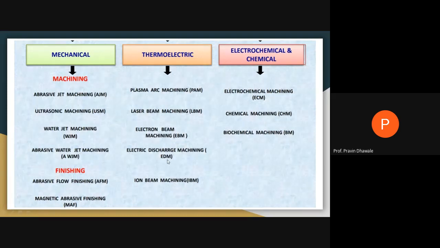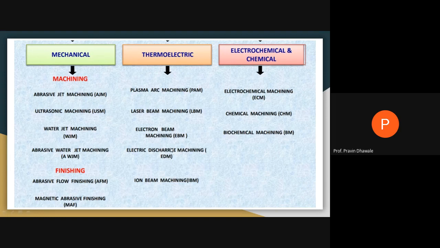So these are the combinations of two energies, thermal energy and electric energy. If you are only considering thermal energy, then plasma arc, laser beam, electron beam, and ion beam machining. If you are making a combination of thermal plus electrical, then it will be electric discharge machining, in short called EDM.